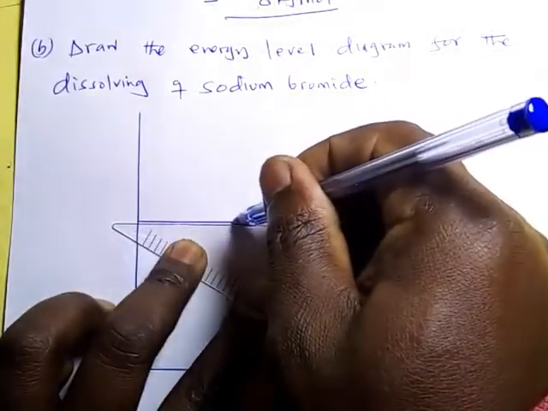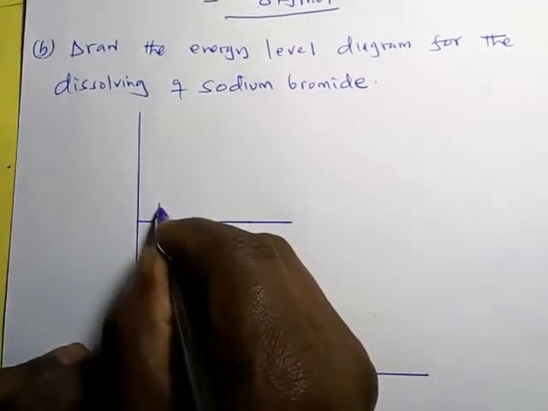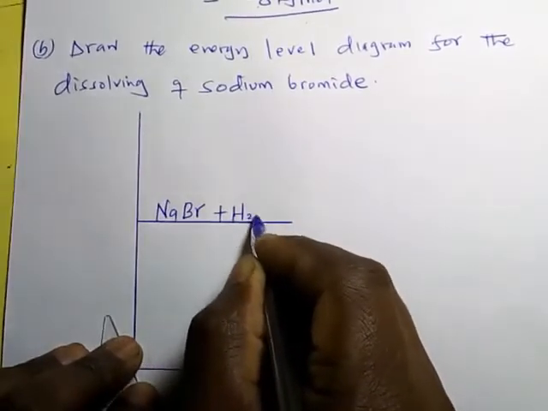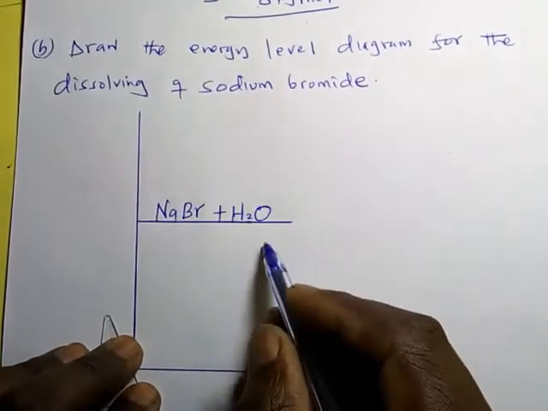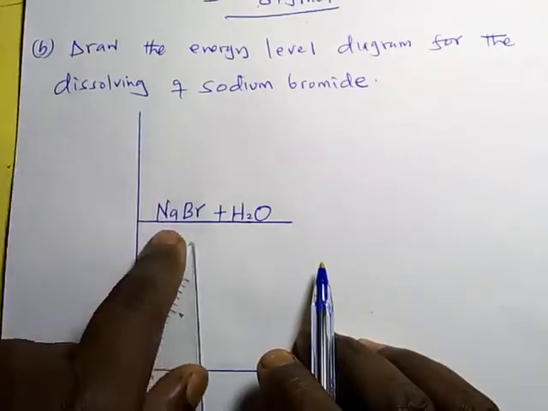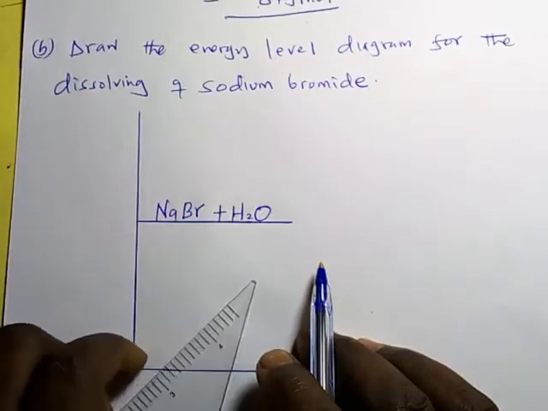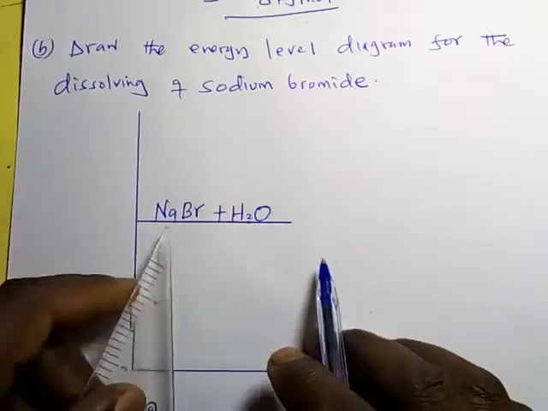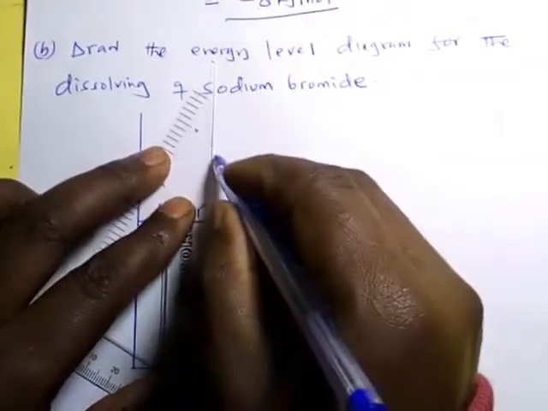Our reactant is sodium bromide added to water, because we are dissolving an ionic compound in water. So what will happen? Stage 1, the sodium bromide bonds will be broken, forming gaseous sodium ions and gaseous bromide ions. That one is endothermic and it has to go up. So this one will go up.